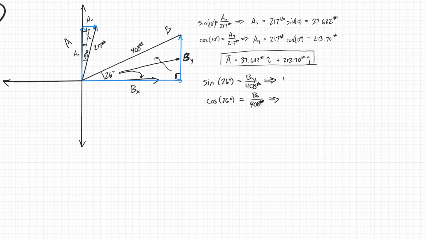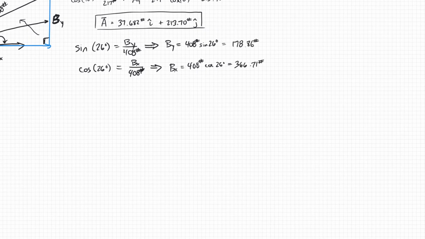So again, I can rewrite these, and I can say that BY equals 408 pounds times the sine of 26 degrees, and BX equals 408 pounds times the cosine of 26 degrees. Okay, and I can plug those into my calculator.